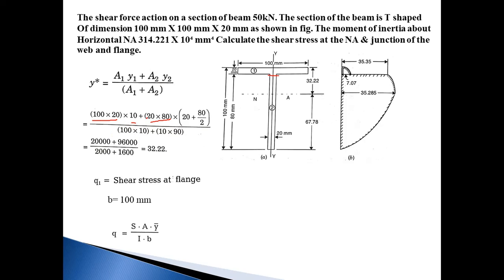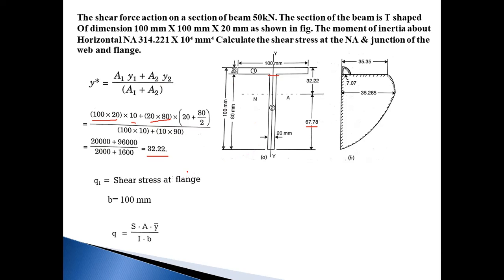By calculating all these values, we get y bar equal to 32.22 mm, measured from the top side. The overall depth is 100 mm, so the remaining distance is 100 minus 32.22, which is 67.78 mm. This is the simple procedure to calculate the neutral axis distance.